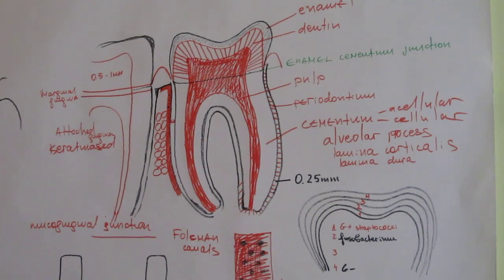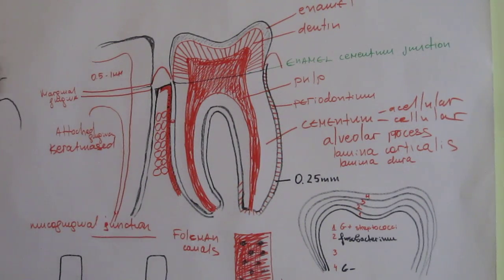In the mouth there are lots of bacteria, millions, and when we don't have proper oral hygiene, these bacteria form plaque. This plaque is like a film on the surface of the tooth. Here I show it.